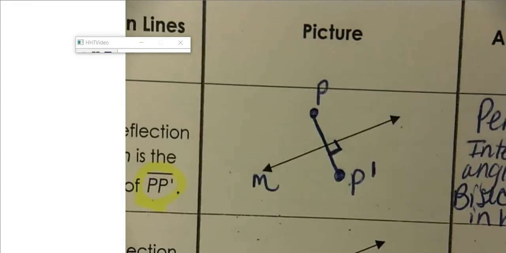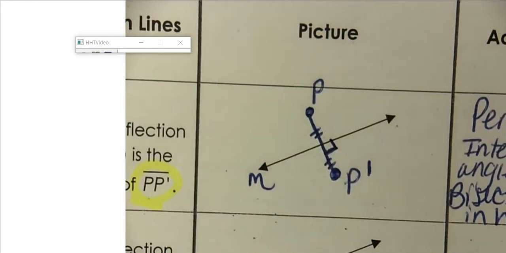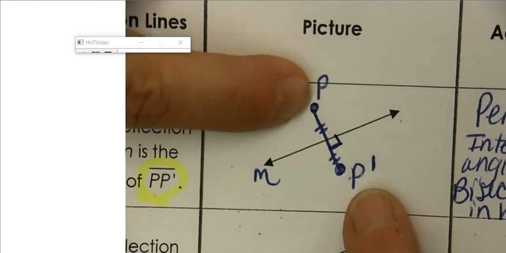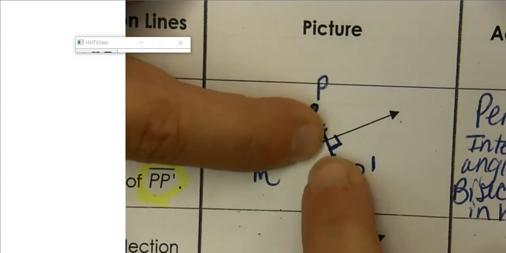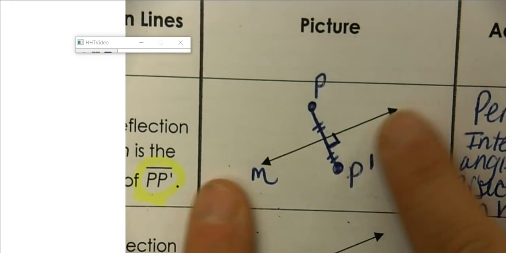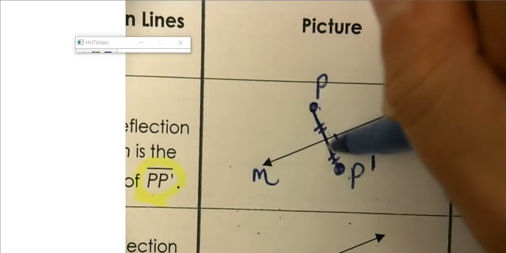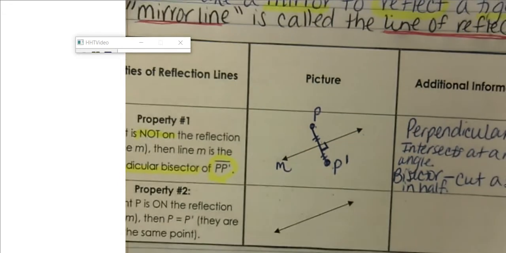That means that both of these pieces have to be congruent to each other. So point P and point P prime are the same distance away from the line of symmetry, away from the reflection line. These two points are going to be the same distance away from the line. That is property number 1.